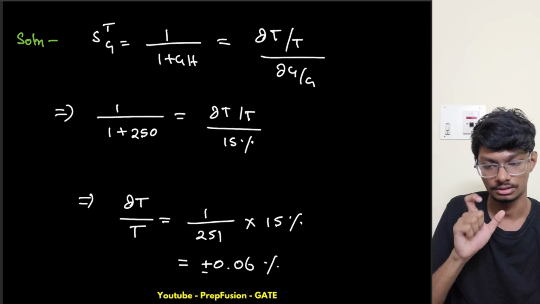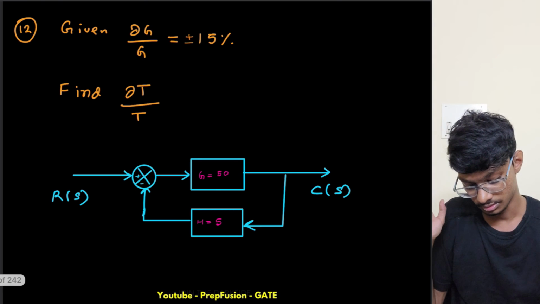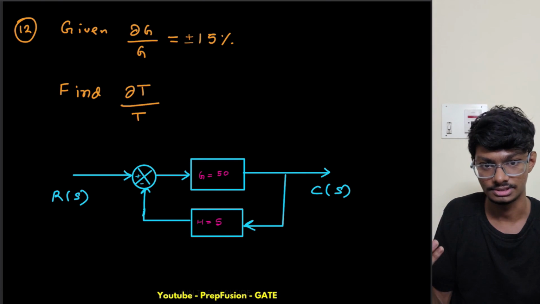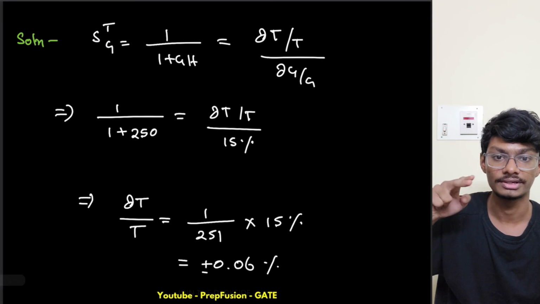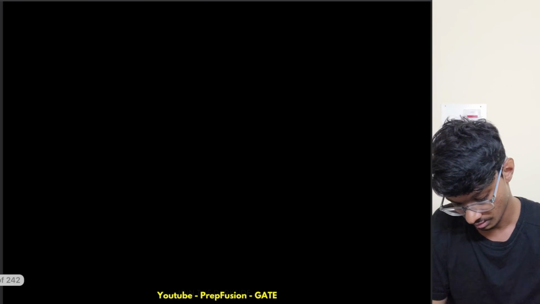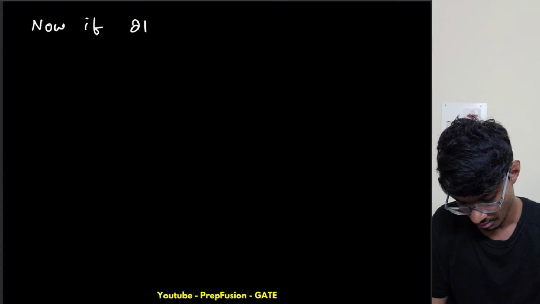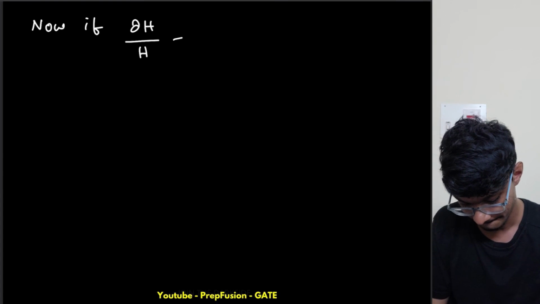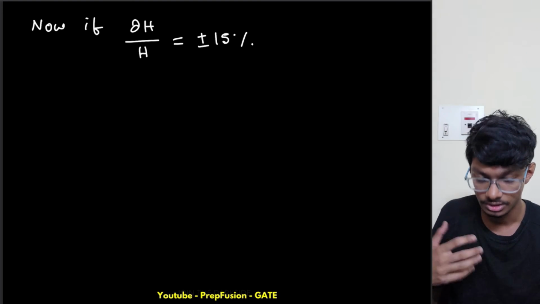Okay, but instead of this dg upon g being 15%, let's say the feedback path dh upon h is plus minus 15%, then what will happen?